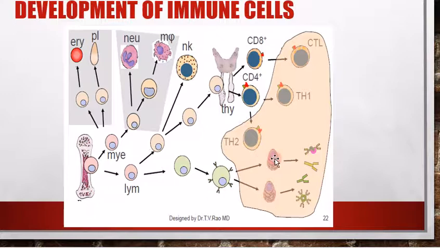Either it will form a plasma cell or it will form a memory cell. So two different cells are formed. You'll understand later on why plasma cells and memory cells are needed and why they are differentiated into two different types. So the same cell, when it reaches the thymus, differentiates into one thing, and when the same cell moves in another direction, it forms into different things. This is what you will have to understand very neatly.